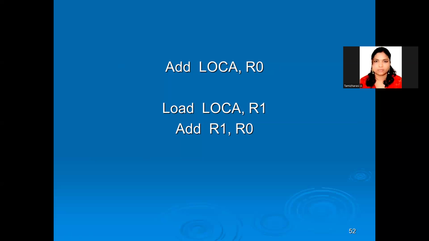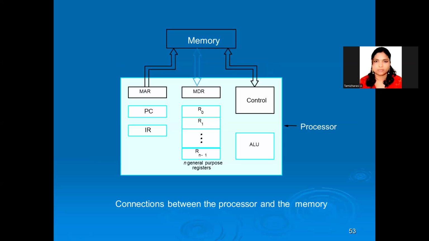So this is an example: you're loading the data from register R1 to a memory location, again transferring the data from R0 to another location, then add R0 and R1. These are some of the sample instructions.